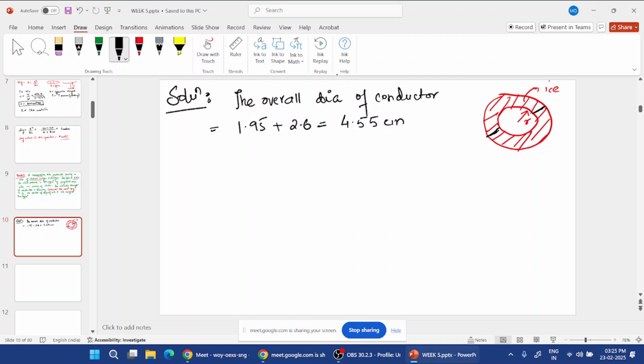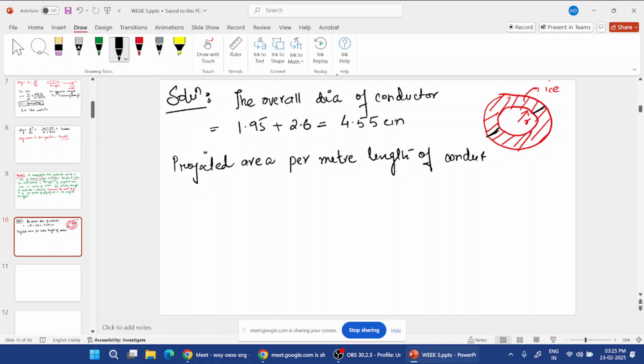Now the projected area per meter length of the conductor will be. सो अब सेकेंड थिंग हमें निकालनी है, प्रोजेक्टेड एरिया, एरिया पर मीटर लेंथ ऑफ द कंडक्टर.